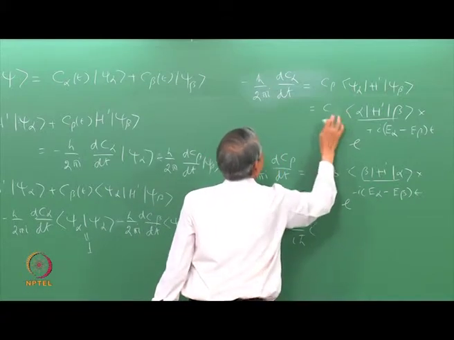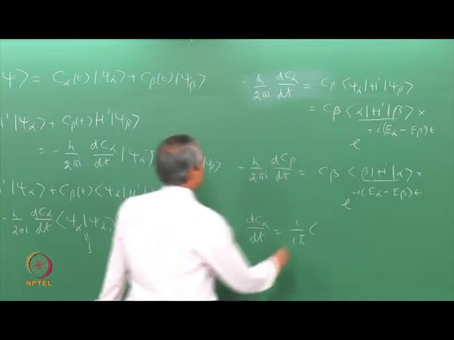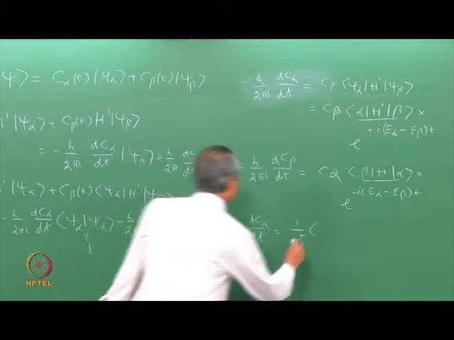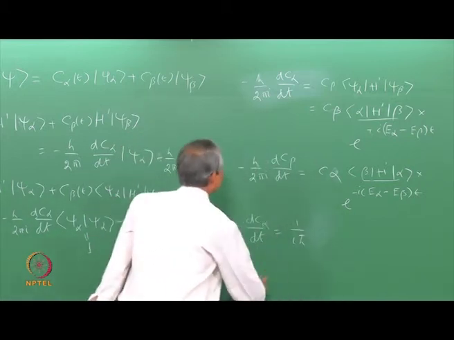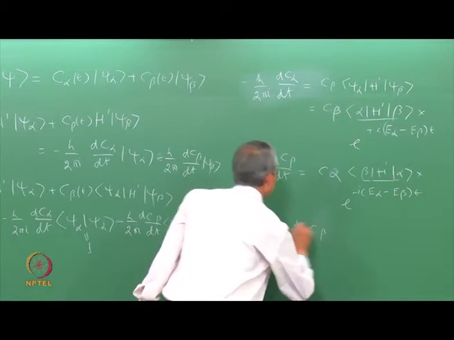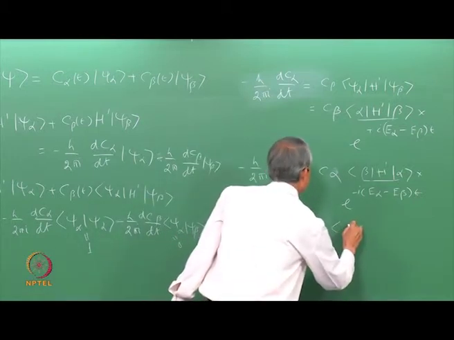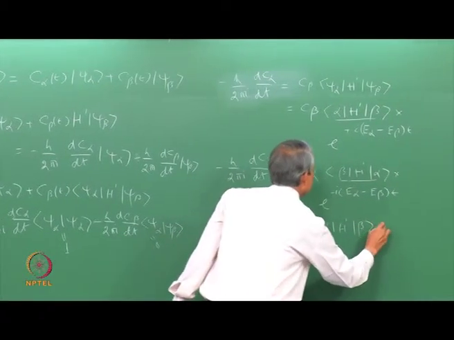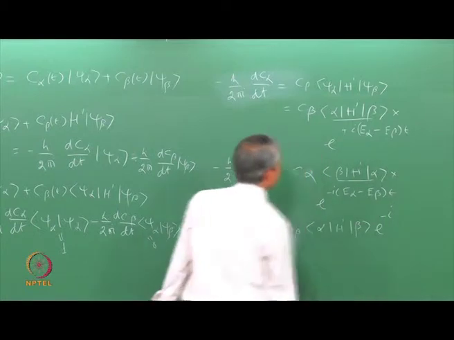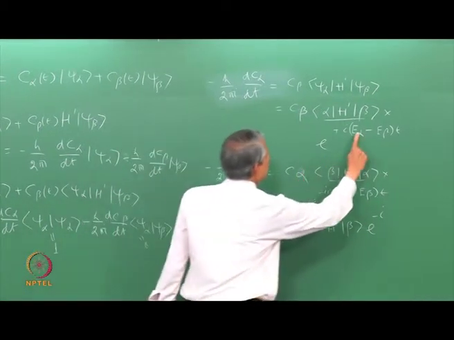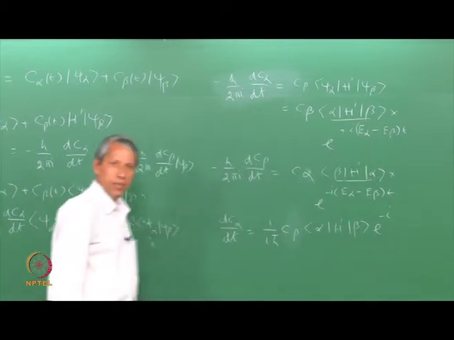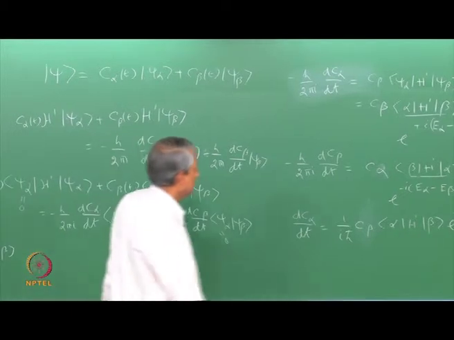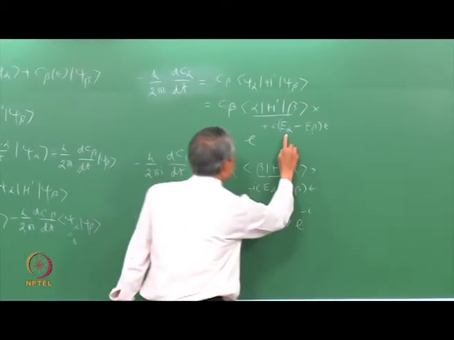There is a mistake here and a mistake here. Now, E alpha minus E beta is nothing but the energy difference between the alpha state and beta state. So, this gives rise to the higher energy and this is the lower energy.